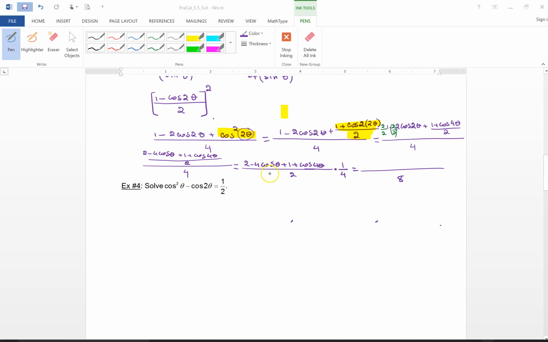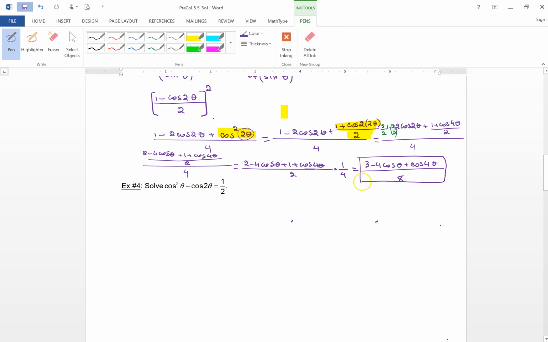And now let's simplify some things here. 2 plus 1 is 3, minus 4 cosine 2 theta, plus cosine 4 theta. But if you're dividing by 4, then it's times 1 over 4.